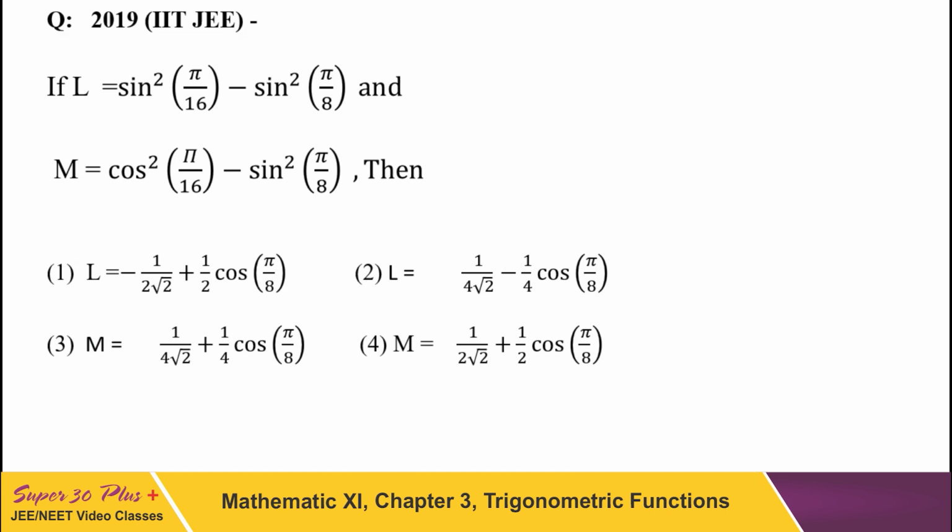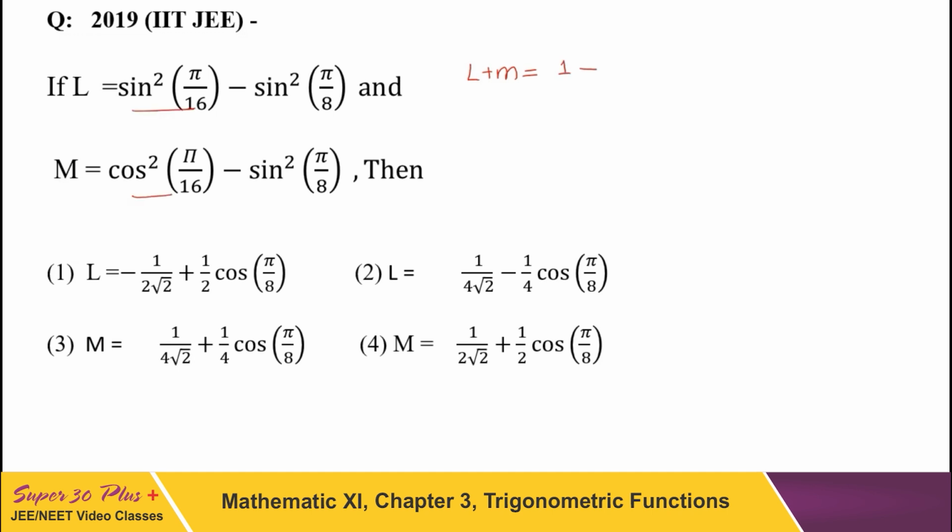Students, let's see one question. If L is equal to sin square pi by 16 minus sin square pi by 8 and M is equal to cos square pi by 16 minus sin square pi by 8, then we have to find the value of L and M in terms of these answers. Got it? Now first of all, if we add these L and M, then what will happen? L plus M is equal to sin square theta plus cos square theta is equal to 1.